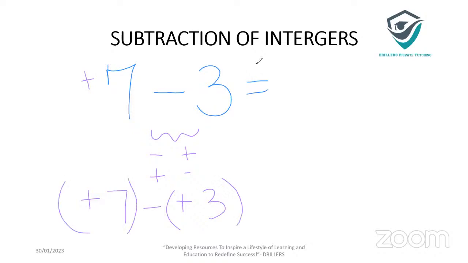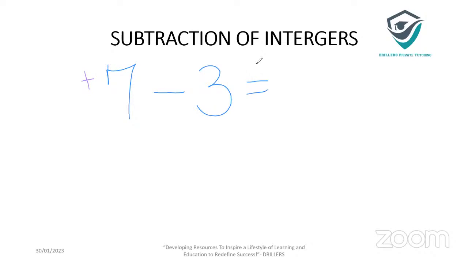So positive 7, take away positive 3. So if I wanted to, I can look at it as same sign, so we just subtract in there. Or I can look at it as different signs. So you have to find the way that is easier for you.